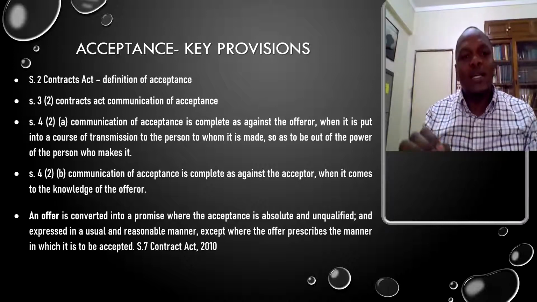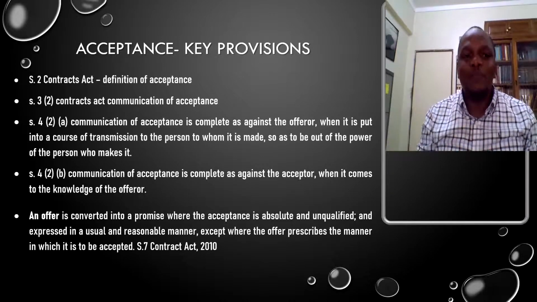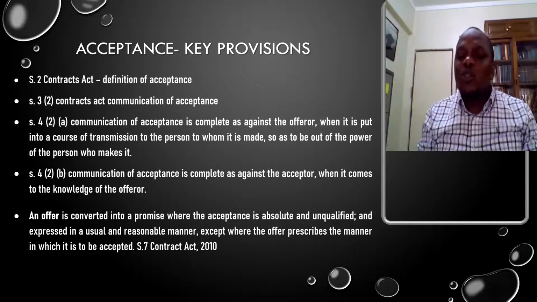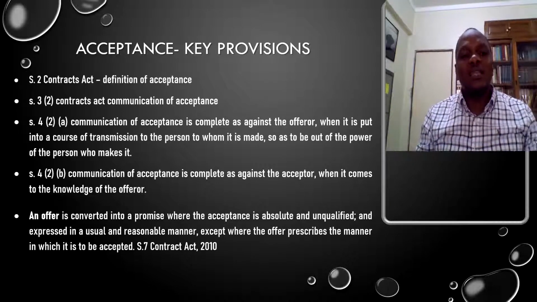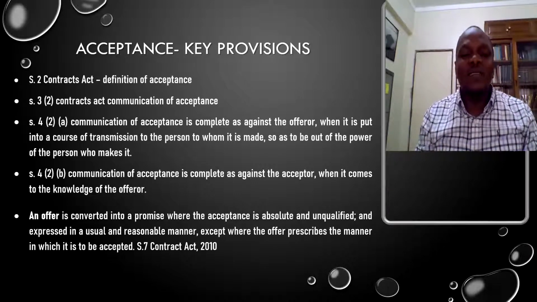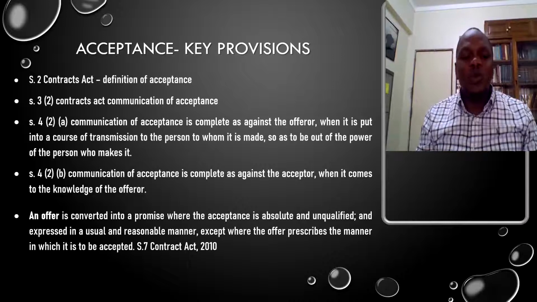The first one is section 2, which defines what acceptance is, and I've done that already. Then I would also invite you to look at section 3.2, which talks about communication of acceptance, and this is very key because, as you're going to see in the foregoing discussion, communication of acceptance has a lot of significance in contract formation. Then I also invite you to look at section 4.2a of the Act, and section 7.